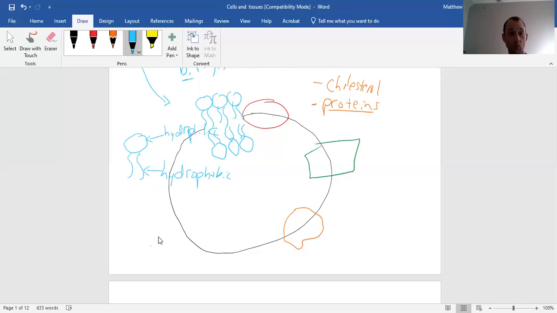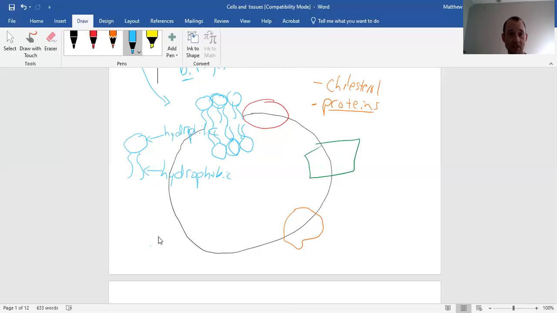So hydrophilic, hydro, water, philic, water loving. Hydrophobic, water fearing. So when they arrange in the bilayer, the heads of your phospholipid always face the fluid environment. The tails always face inwards towards themselves, trying to isolate them away from the fluid.